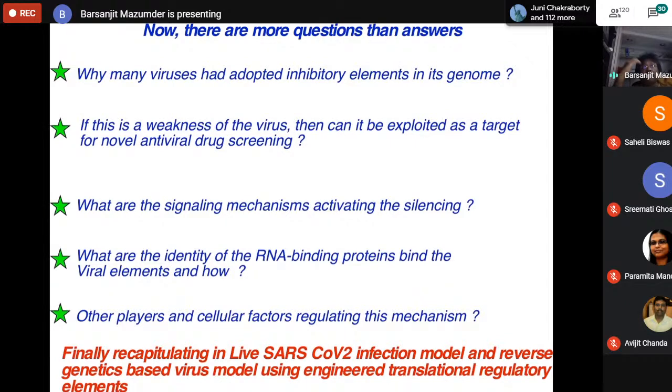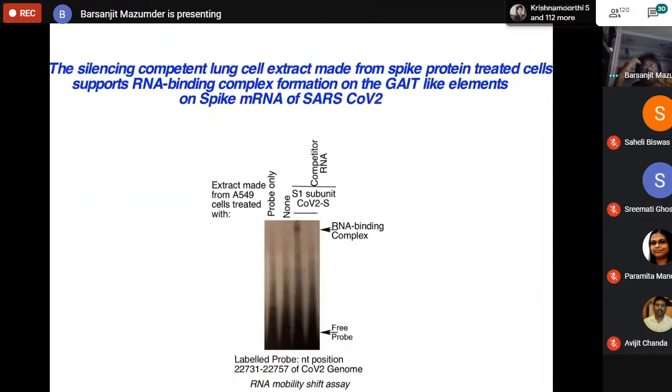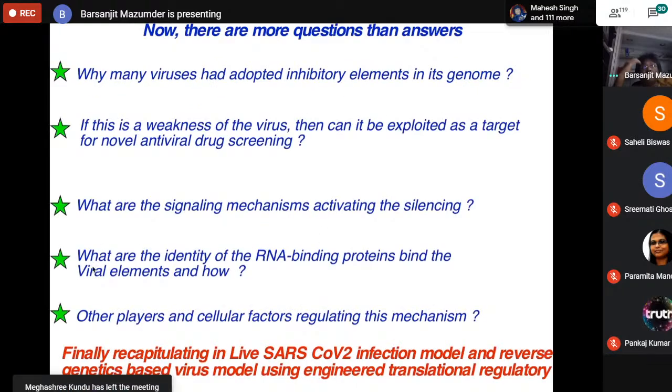What are the signaling mechanisms that activate the silencing? What is the identity of the RNA binding protein? Is L39 there? We don't know. That will also make my lab busy in the coming days. What are the other players and cellular factors?